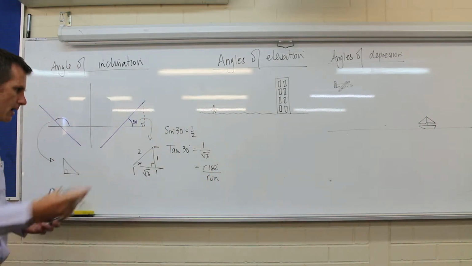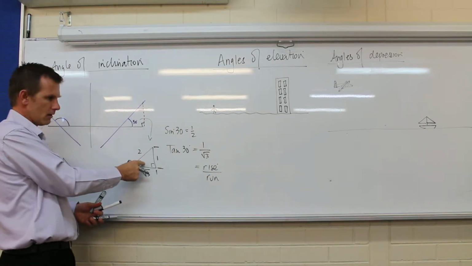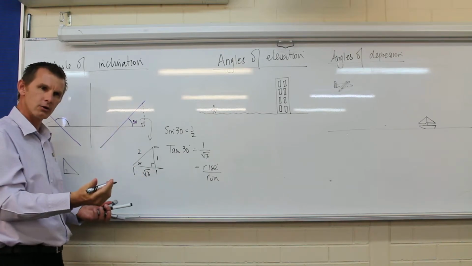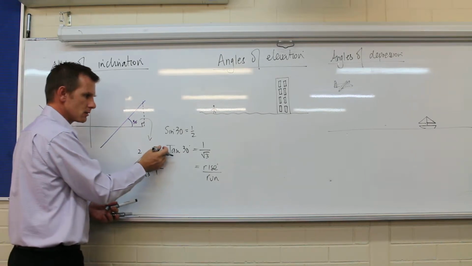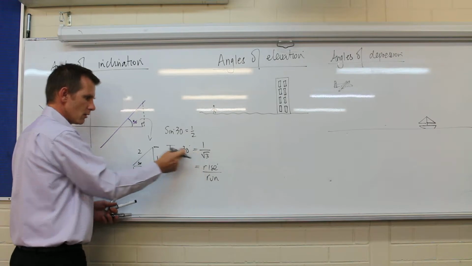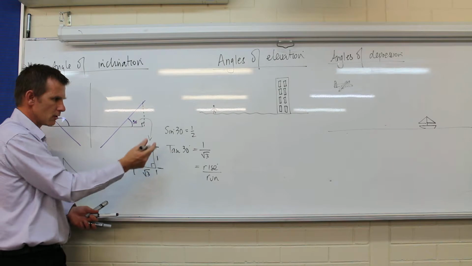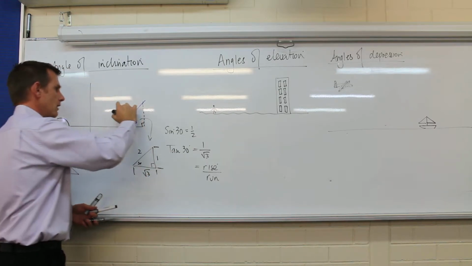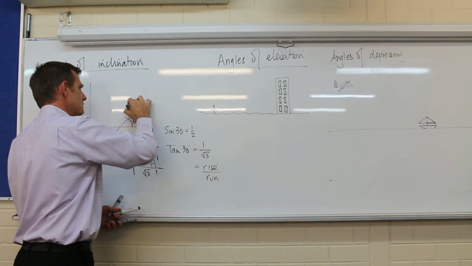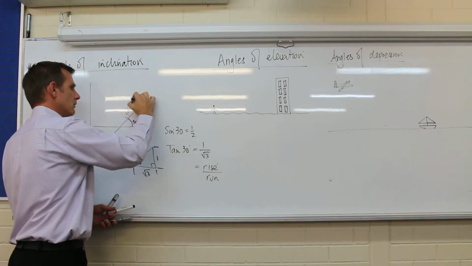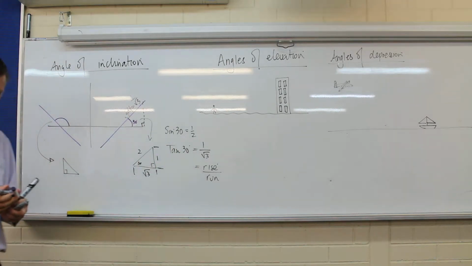And hence the tan of the angle that I have here is really the gradient as well. Because tan is opposite over adjacent. Well, the opposite is the rise, and the adjacent is the run. So my gradient for this line here is actually going to be exactly the same as what I just worked out over here, 1 over square root of 3.